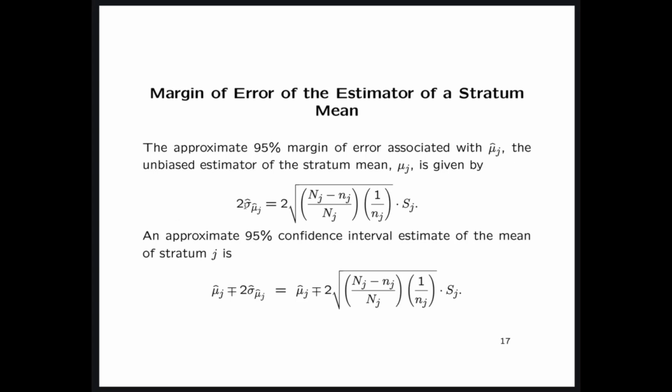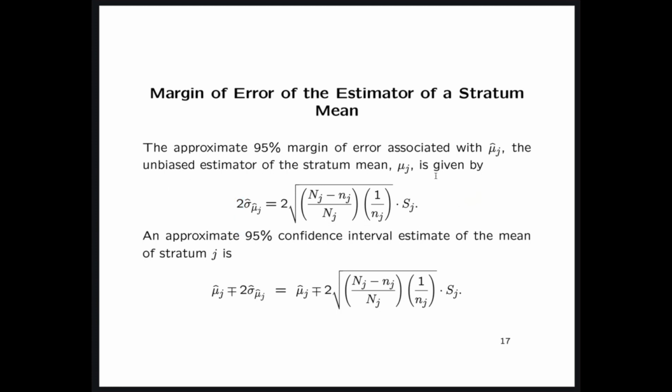It's estimated because we have a sigma hat here, a sigma hat sub mu hat sub j. It's that hat right there that makes this an estimated quantity, and it's approximate because we're using 2 instead of the 1.96. So this is an estimated approximate 95% margin of error associated with mu hat sub j.